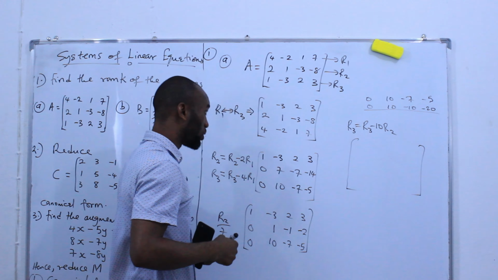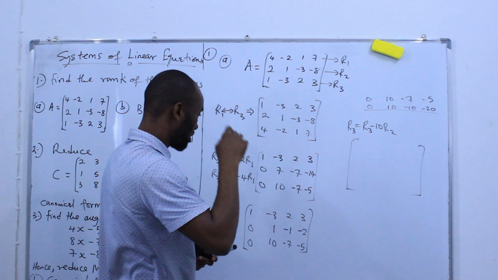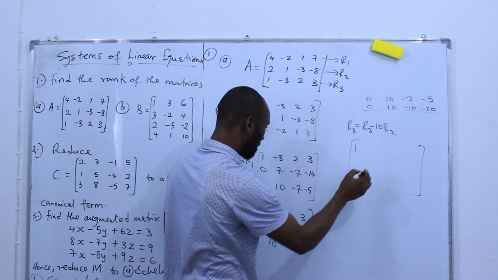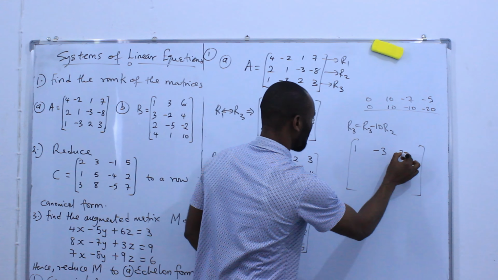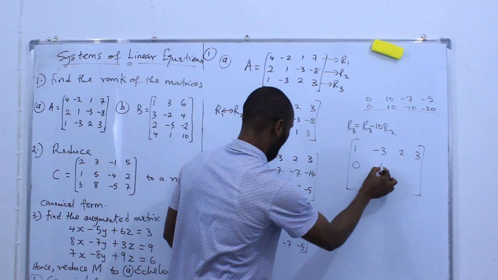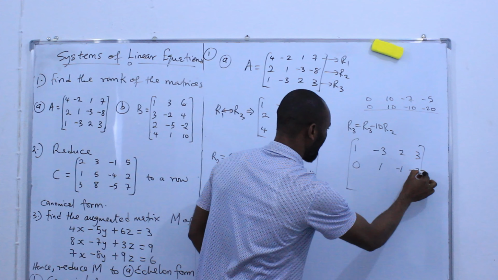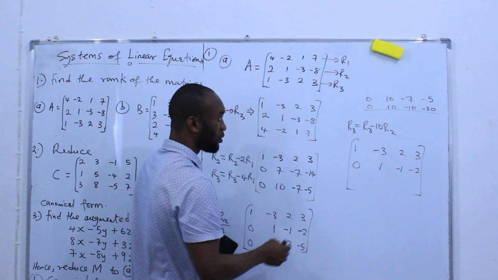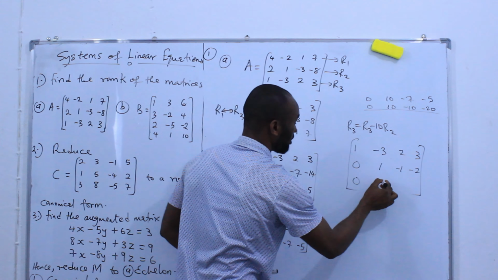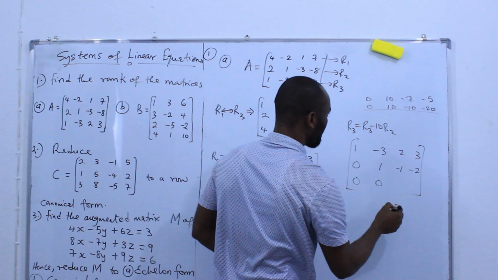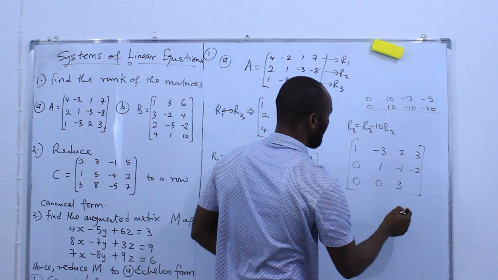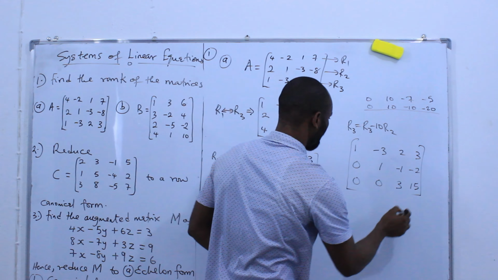Let's write in 1, minus 3, 2, 3 first, then 0, 1, minus 1, minus 2. Subtracting, 10 minus 10 gives 0, then 0, then 3, then 15.